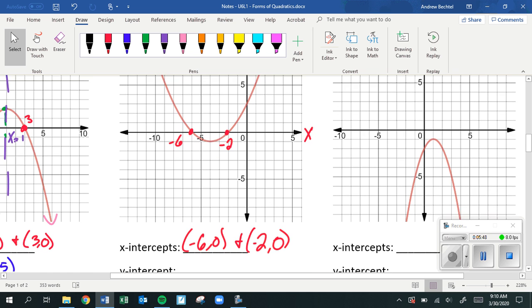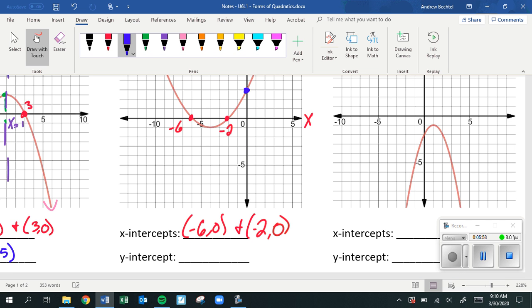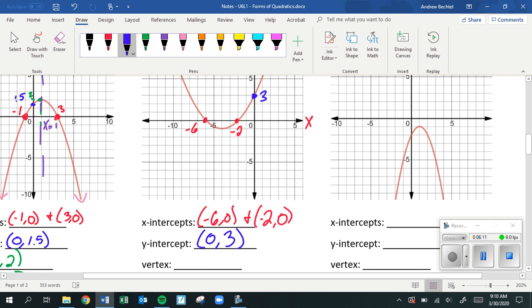Next, we want to find the y-intercept. So if we look at this graph, we see the y-axis goes vertically, and I see a point where they cross right there. That's going to be at 3. So again, you can just put 3. The proper notation gives that x coordinate of 0.